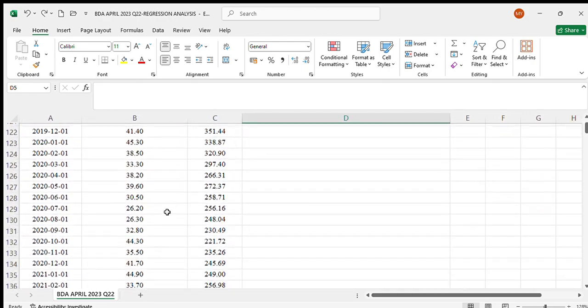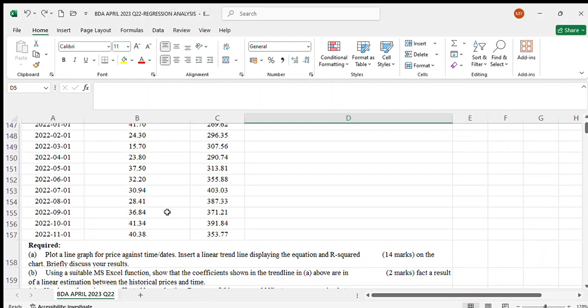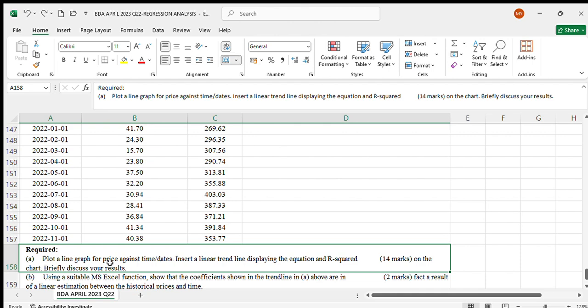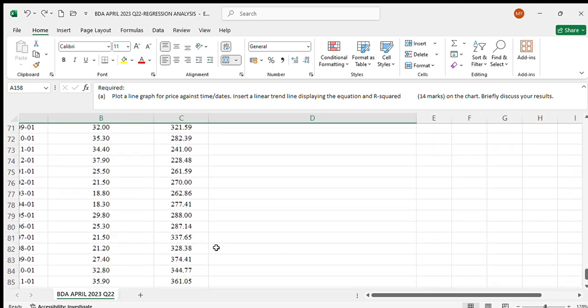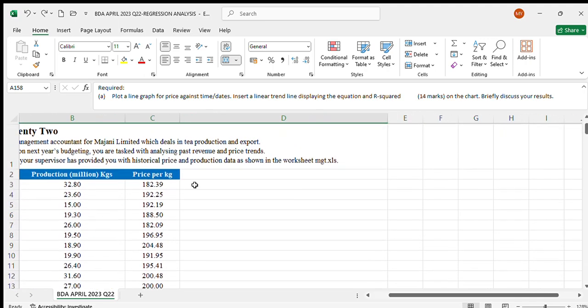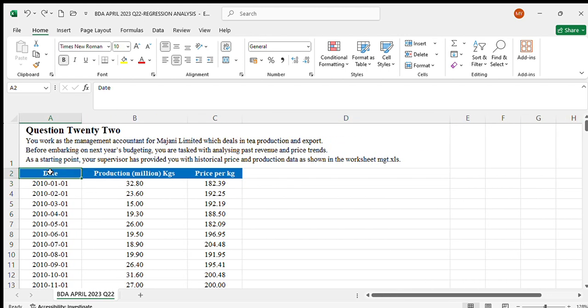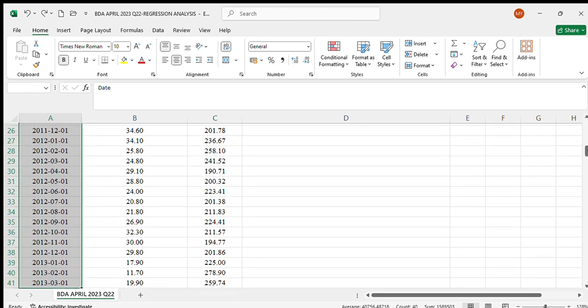You can see. Then now question A says, plot a line graph for price against time slash date. Insert a linear trend line displaying the equation and R squared on the chart, briefly discuss your result. So you can now plot a graph between the date, highlight the date.